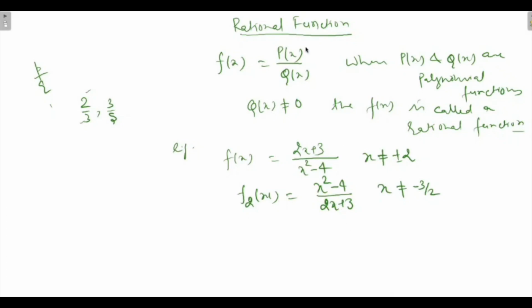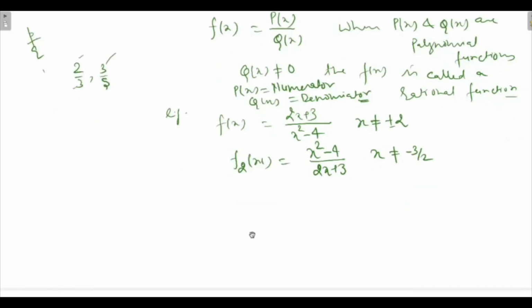In the same way, p(x) will be called the numerator, just like in the other expression we have a numerator and a denominator, and q(x) will be called the denominator of this rational function. Okay. So now there is a qualification which we don't have to bother too much about, but since it's mentioned in the book, we will learn about this as well.